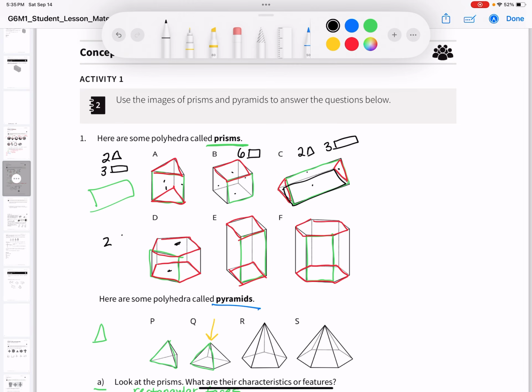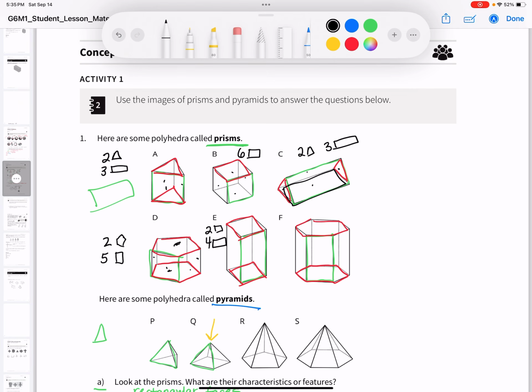2, 1, 2, 3, 4, 5 pentagons, and then 1, 2, 3, 4, 5 rectangles. For E, you would need 2 squares and 4 rectangles for the sides.